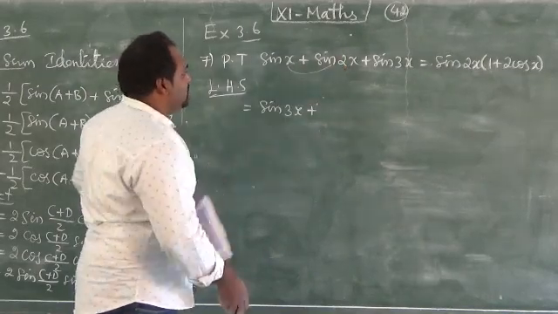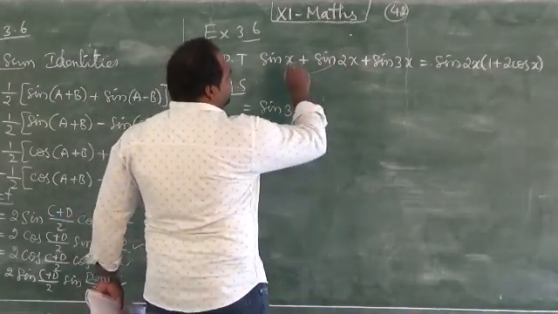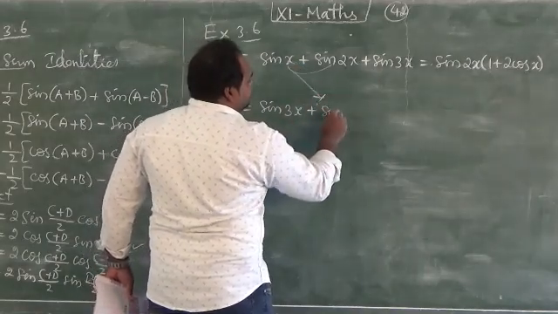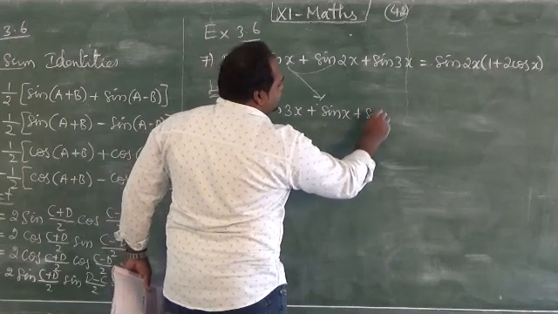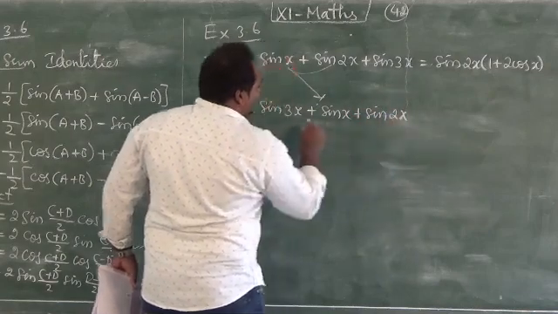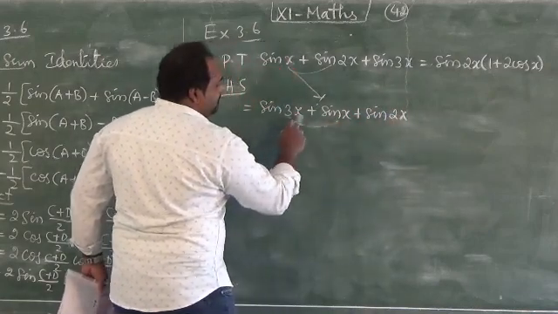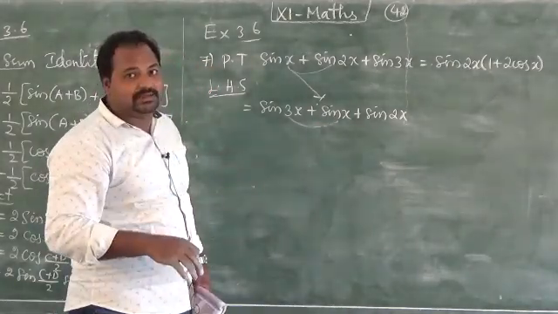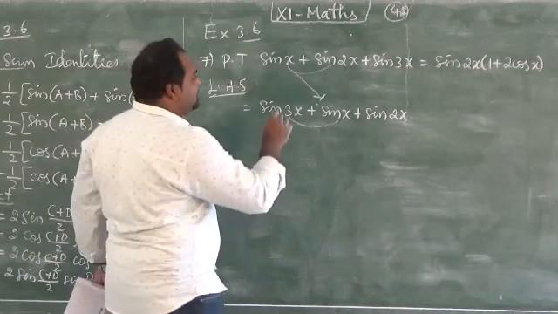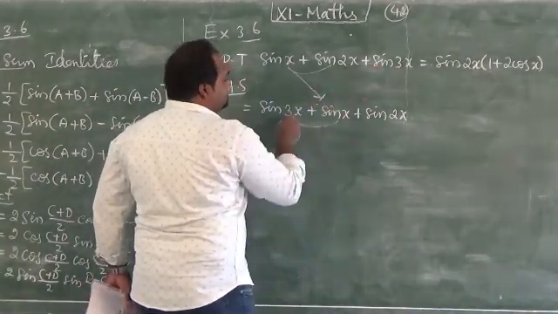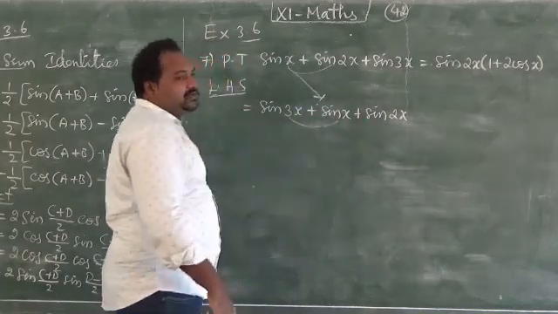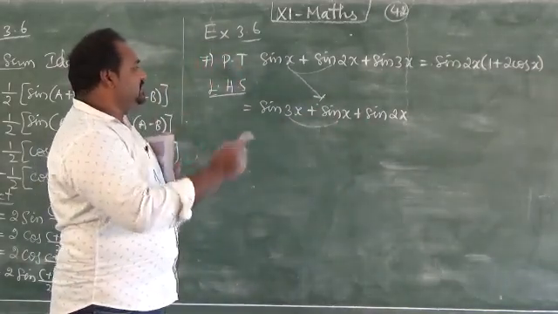I have a small adjustment here. After sin 3x, I just write sin x, then sin 2x. Now look at that. If you take this C and D, 4x will come, automatically 4x by 2 will be 2x. No fraction mode. So that's why I take this first, then sin x second, then third one sin 2x. This is the purpose of changing the order.